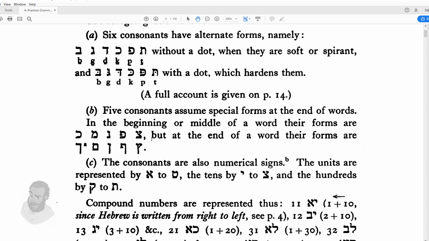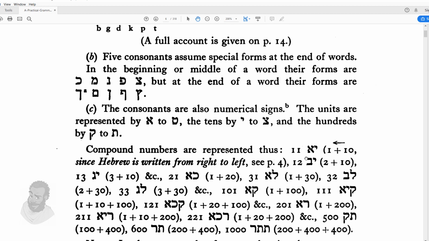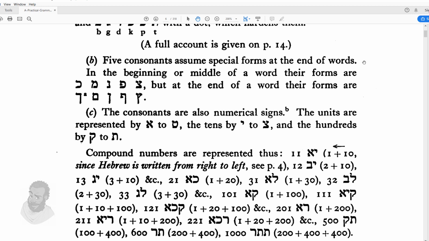It's also an adverb. The consonants are also numerical signs. The units are represented by Aleph to Teth, and then the tens by Yod to Tsadi, and the hundreds by Kof to Tau. Okay? So if you want to number something, you will put Aleph, Beth, Gimel, Daleth.